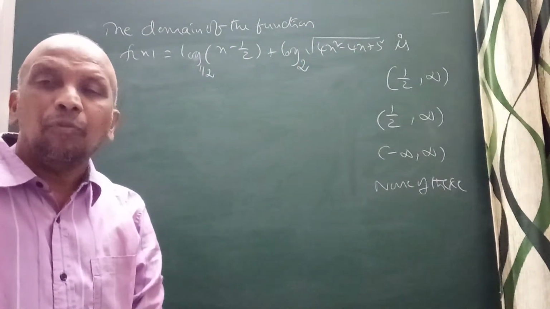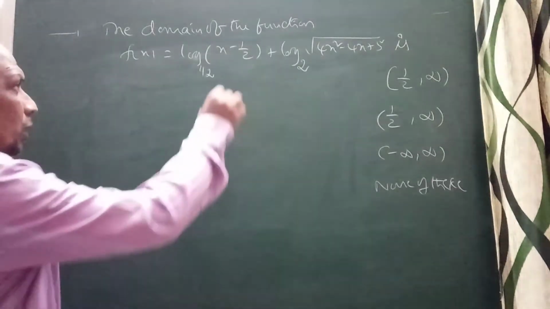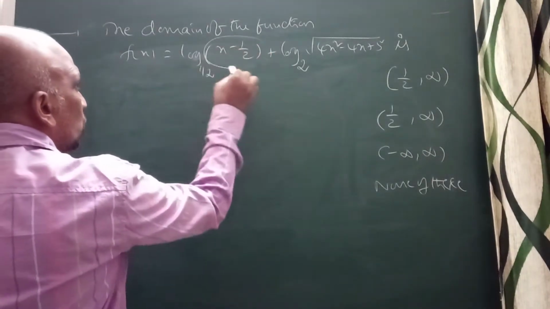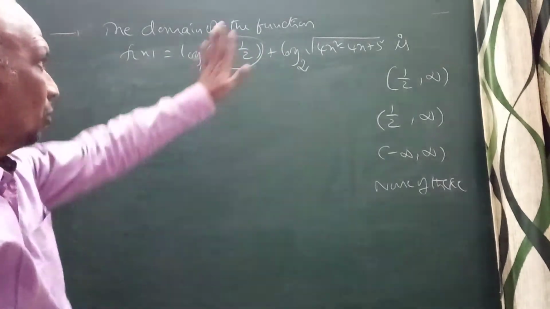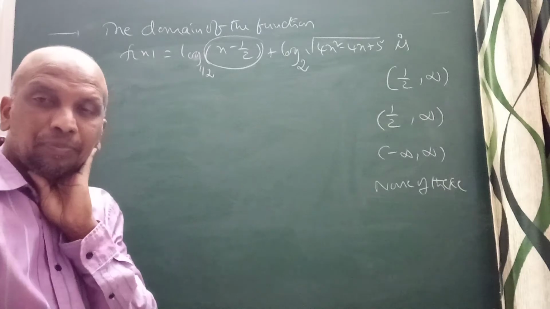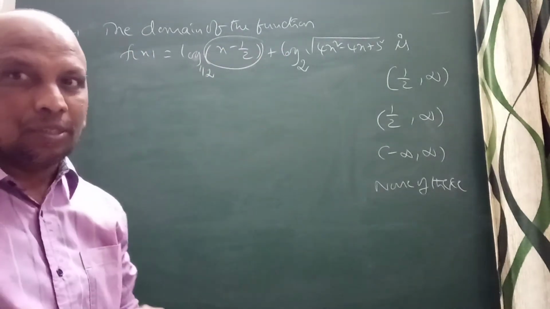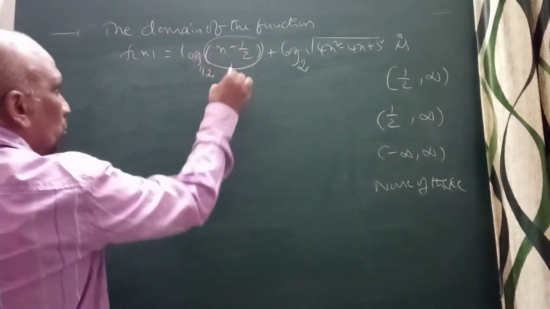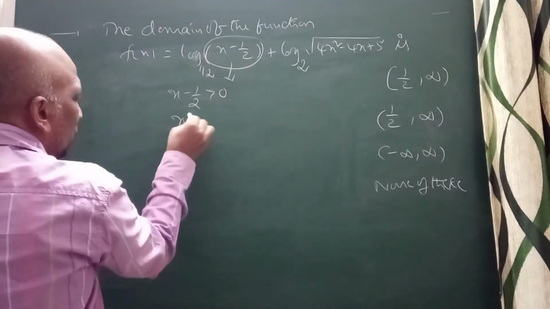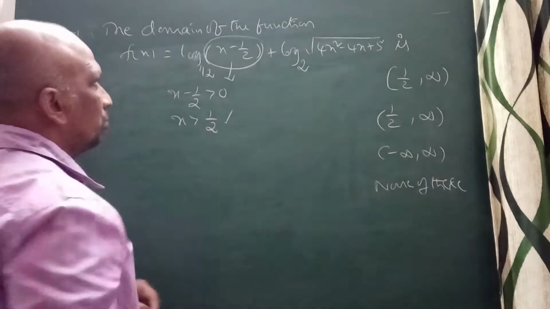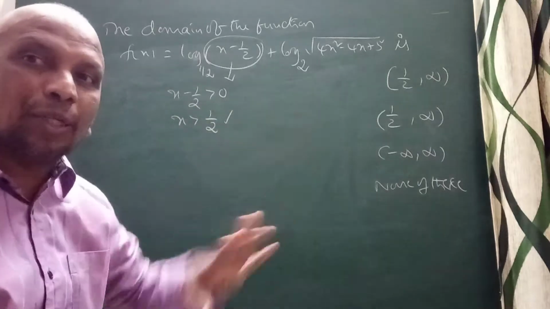Whatever the base is, the value should be positive. So x minus 1 by 2 should be greater than 0, x greater than 1 by 2. If they gave only this term, the domain is more than 1 by 2.